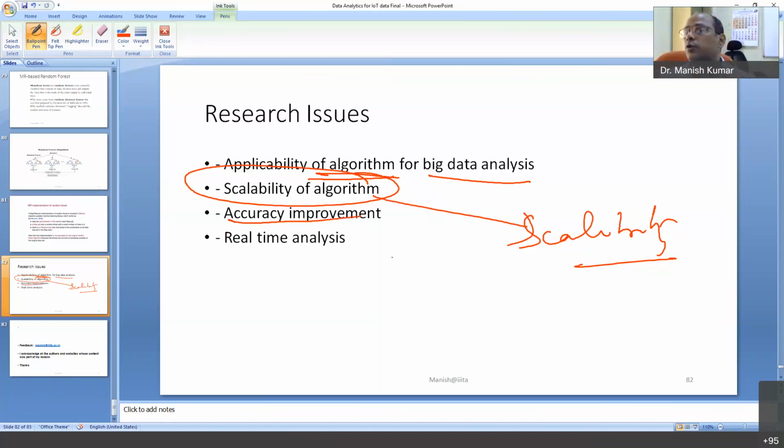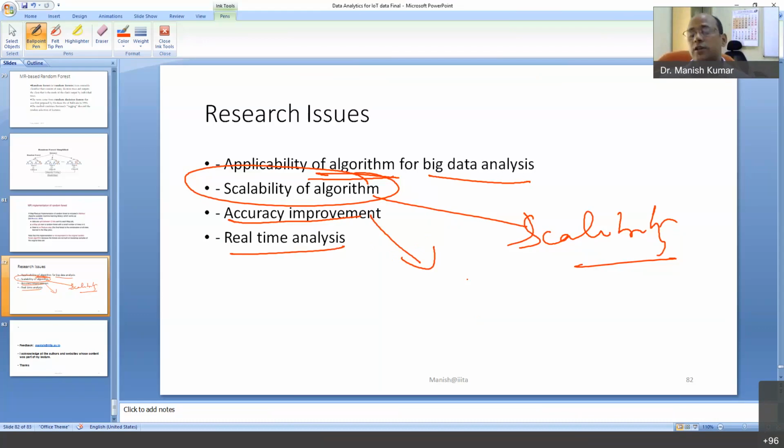Certainly, since we are doing parallel and distributed processing, accuracy will always be a big concern. You can use many metrics to improve the accuracy, or make alterations, and that is always a good research issue.